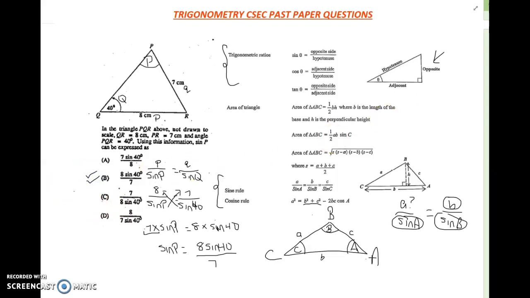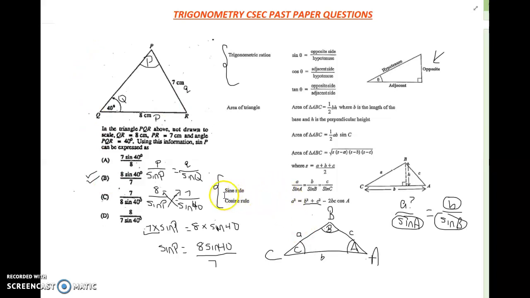Again, pause the video, look back if you need to, and take your time and try and understand it, right? Now, just coming back to this question. This question is actually the only question, or I could be wrong, please correct me if I'm wrong, in the past number of years of CSEC past paper multiple choice questions that we got with the sine rule and the cosine rule.